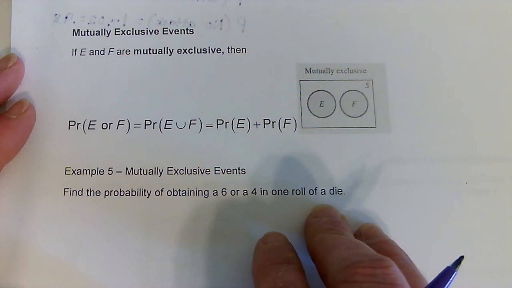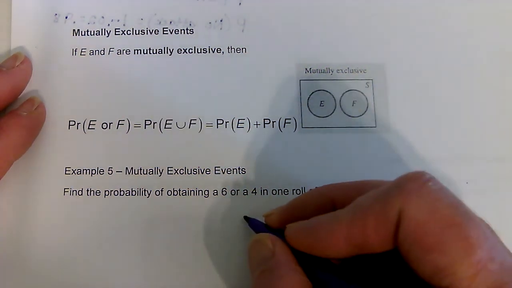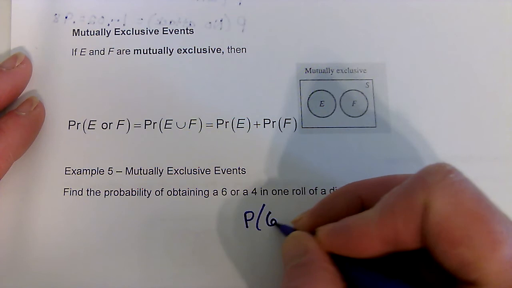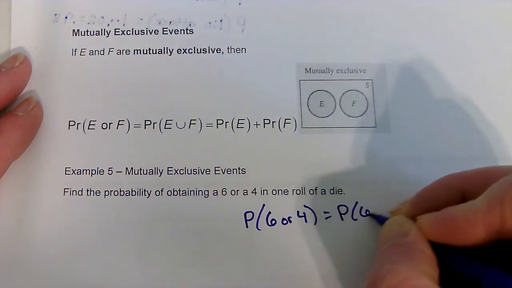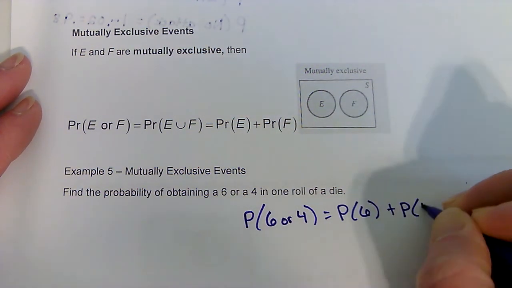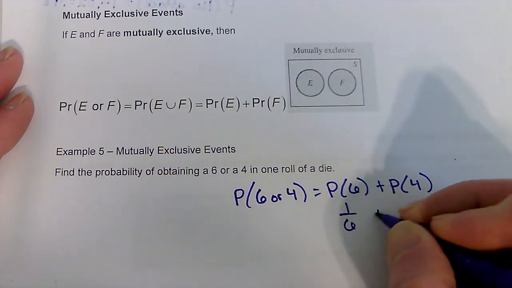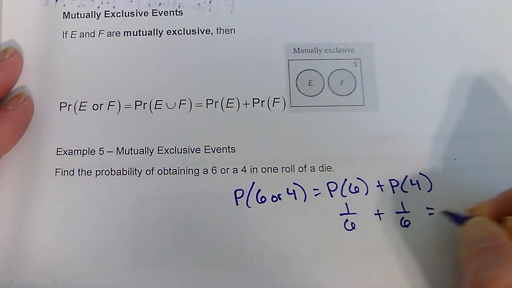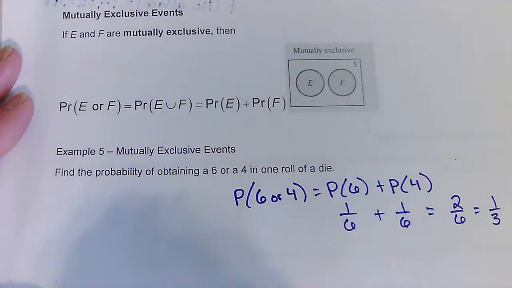Well, there's no way I can roll both at the same time. So the probability of a 6 or a 4 would be the probability of getting a 6 plus the probability of getting a 4. And that's a 1 in 6 chance plus a 1 in 6 chance. That's 2 out of 6 or 1/3.